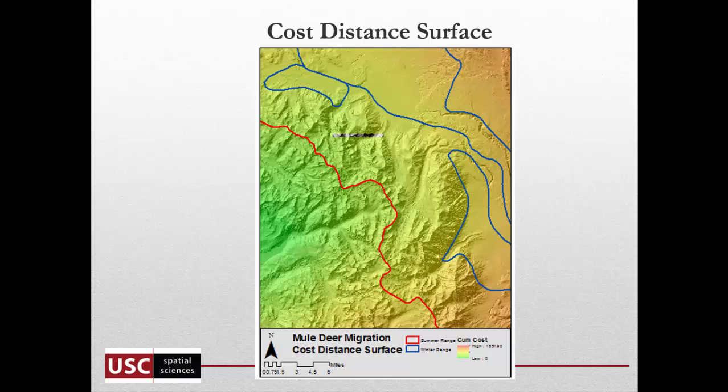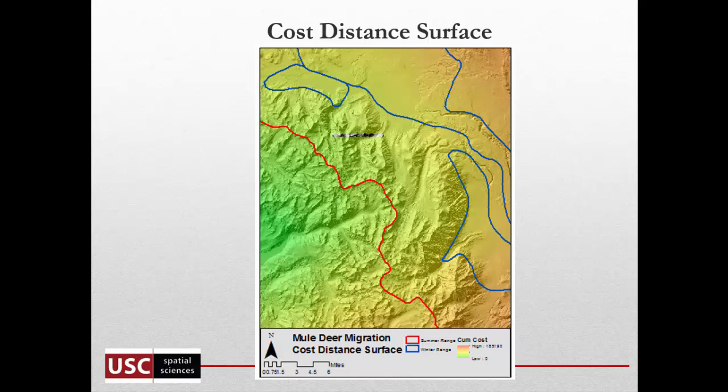This next slide contains the cost distance surface that was produced from our data. It's a very important slide. In fact, if you only have one patch, this would be your final surface. You can see on the left where it's very green, this is the source area of where deer are migrating from.